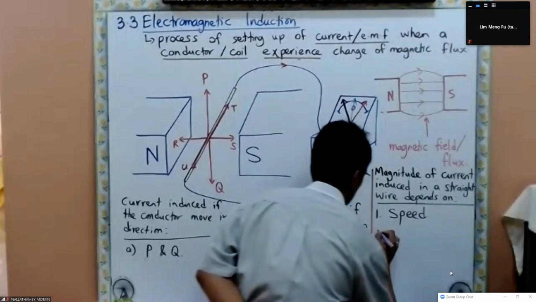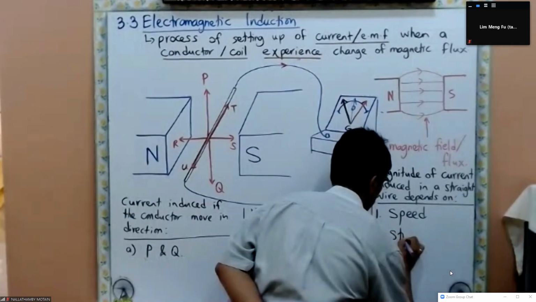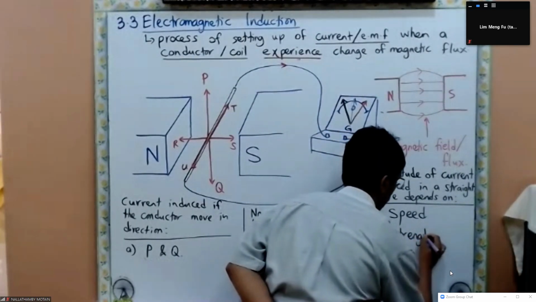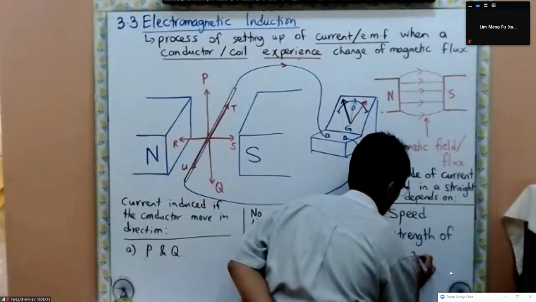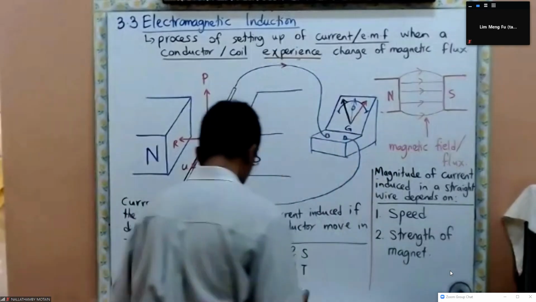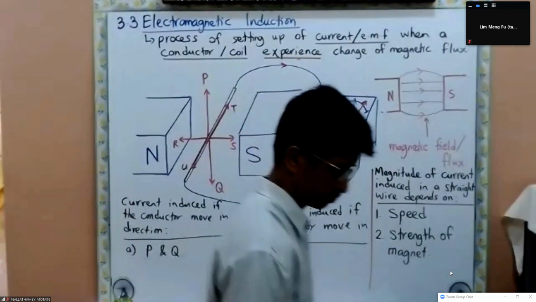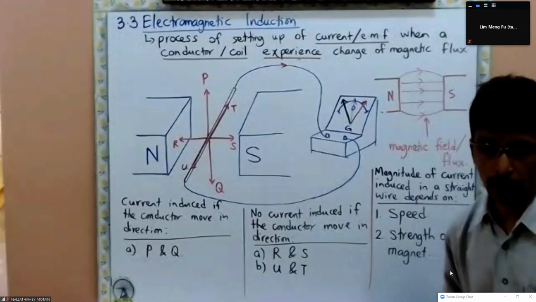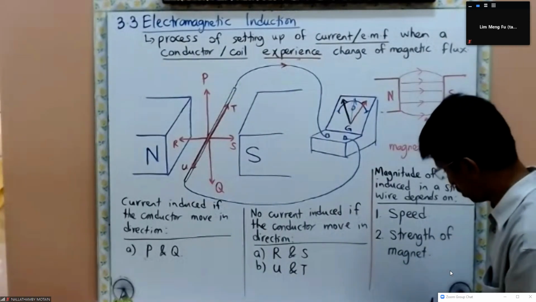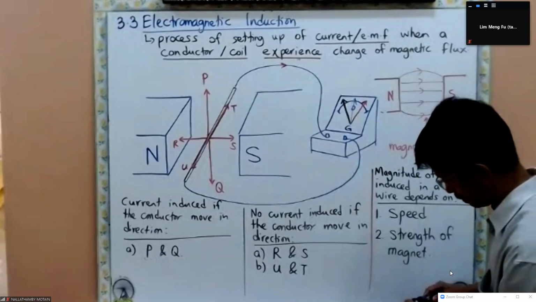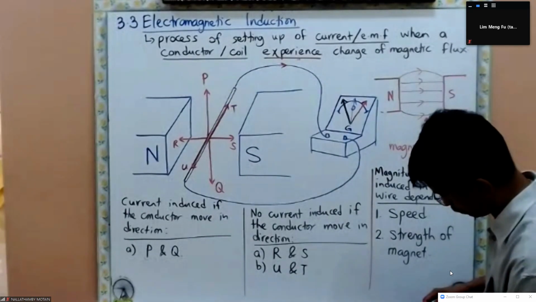And then number two is strength of magnet. That means if we are using a powerful or strong magnet, it will induce more current.